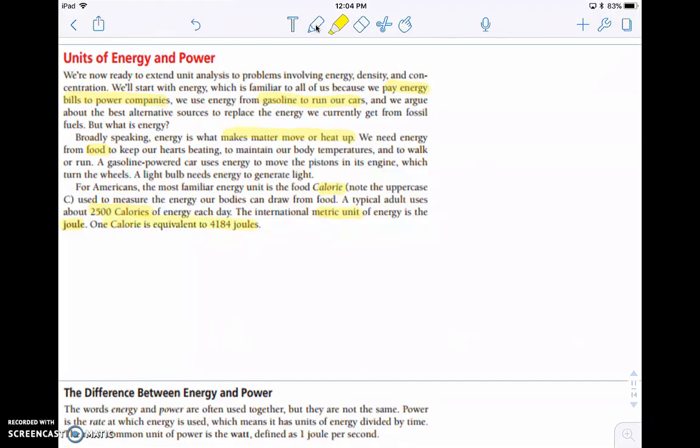So we're going to have this conversion right here, that one calorie is equal to 4,184 joules, and joules is usually a capital J, but I'll write it out here. And so that is the idea of energy.